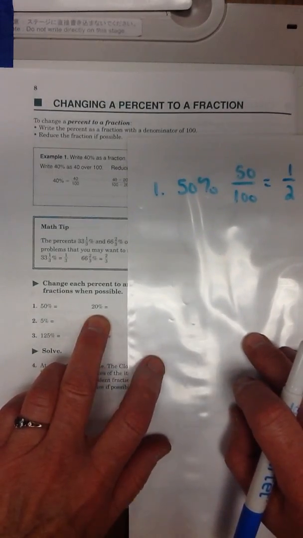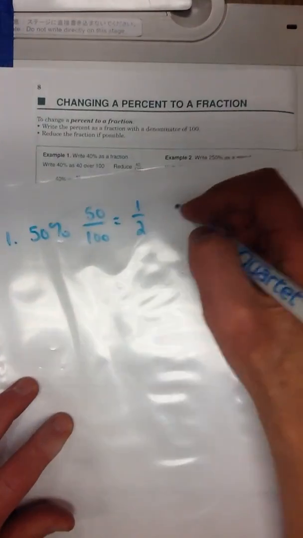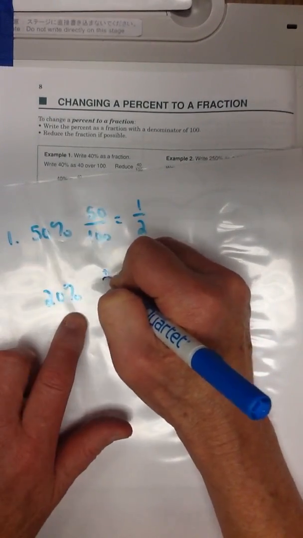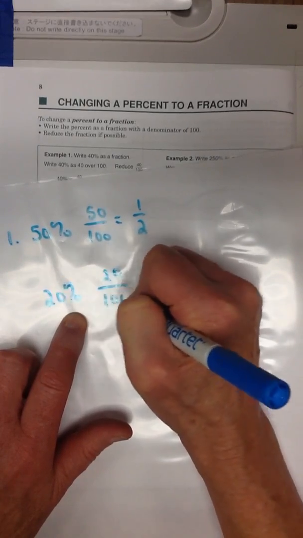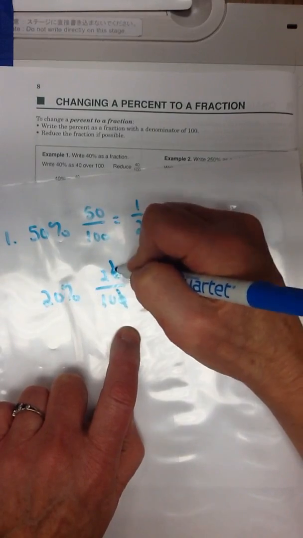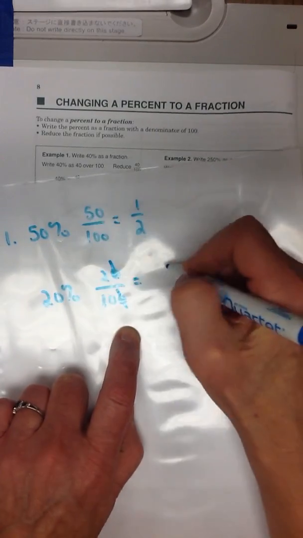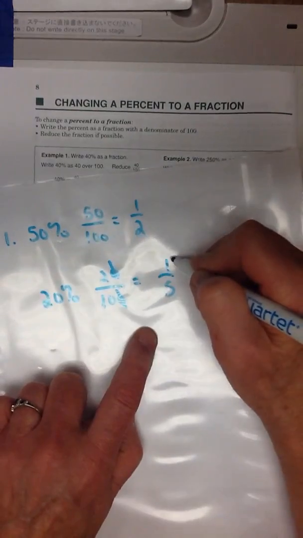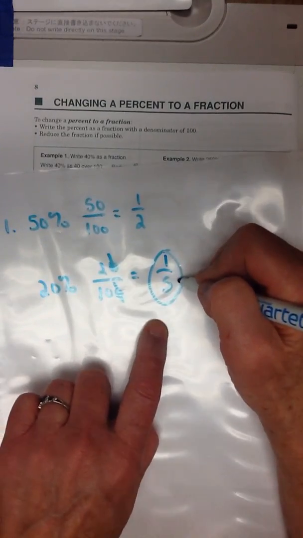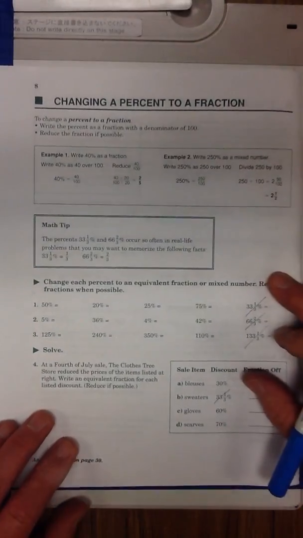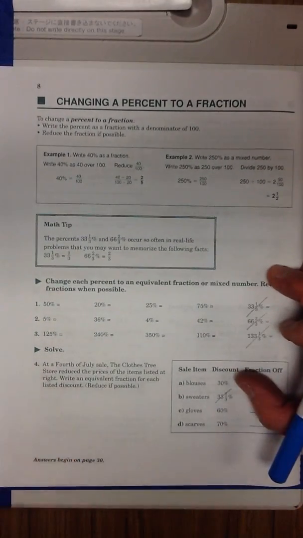The next percent number is 20%. So you write that as 20 over 100, and then reduce. So we can cancel these 0 pairs, and 2/10 reduces to 1/5. So 1/5 will be the answer in the answer key, not 20 over 100. So you get a little bit of fraction reducing practice on this page.